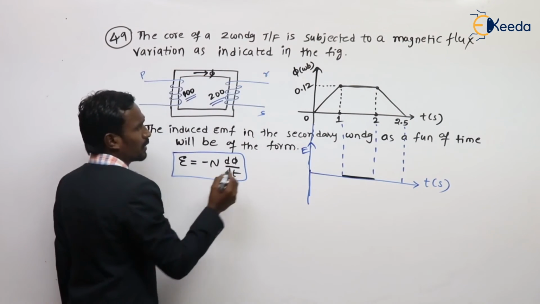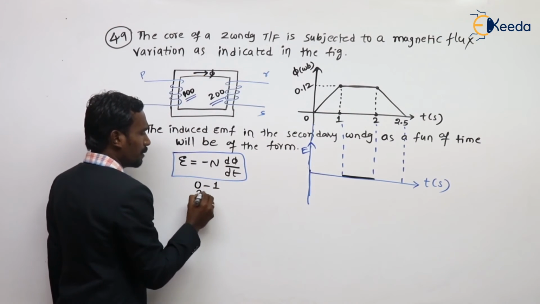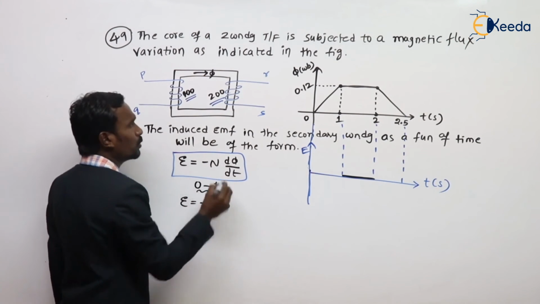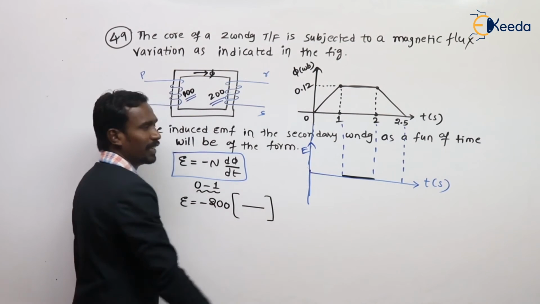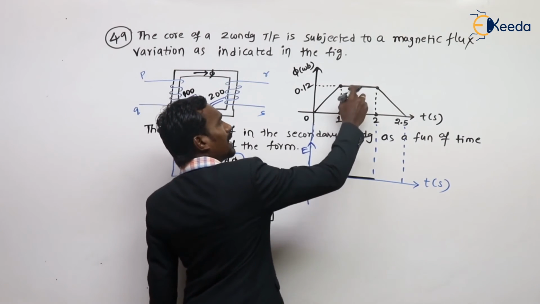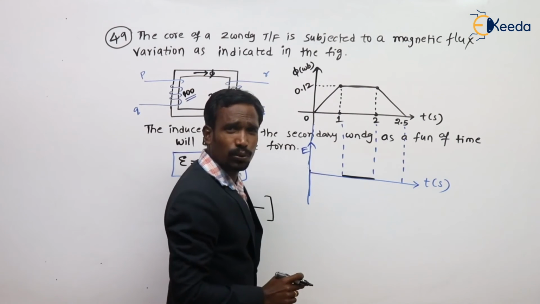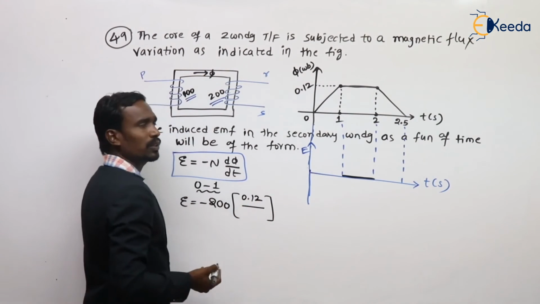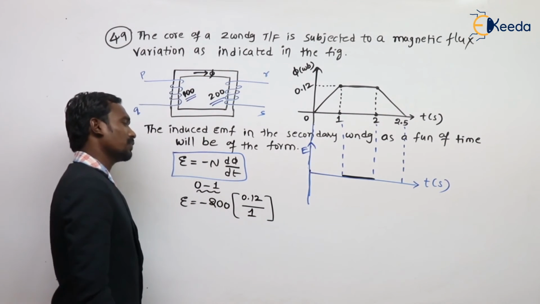Next one, from 0 to 1: E equals minus N into d phi by dt, where N is 200. Can you tell me what the d phi is? What is the change in flux? The change in flux is 0 to 0.12, nothing but 0.12, and the change in time is 1 second.